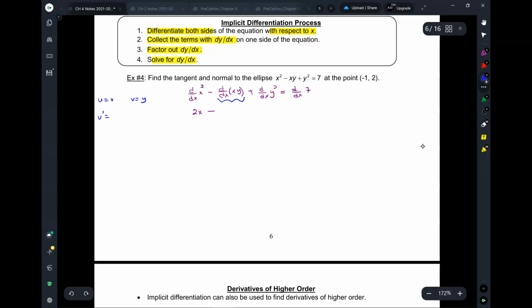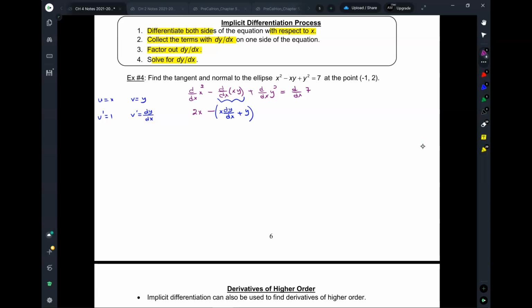So u prime is 1, v prime is dy dx. Okay? Now, there is a minus here, so I need parentheses: x dy dx plus y. Okay, so that was just that term.